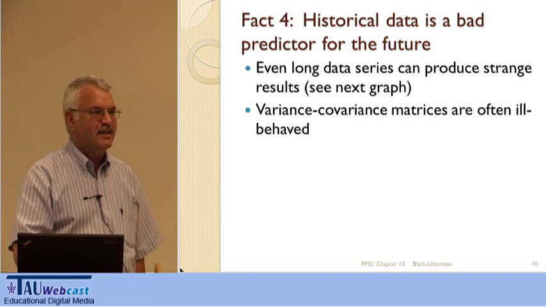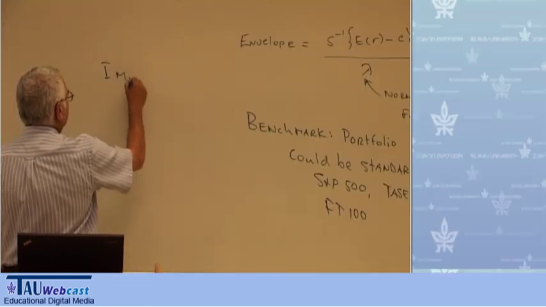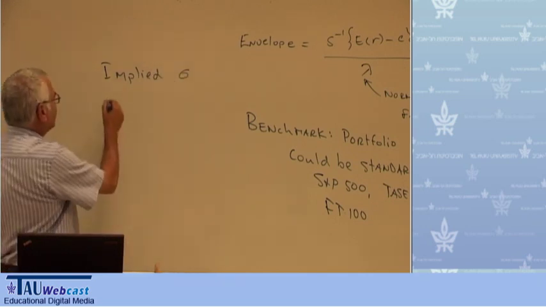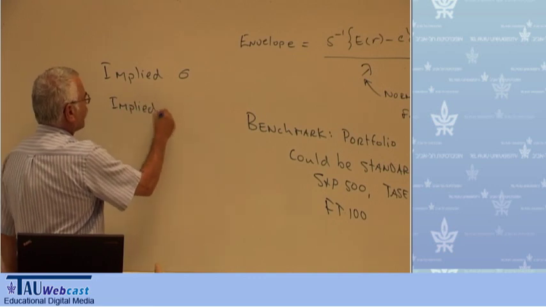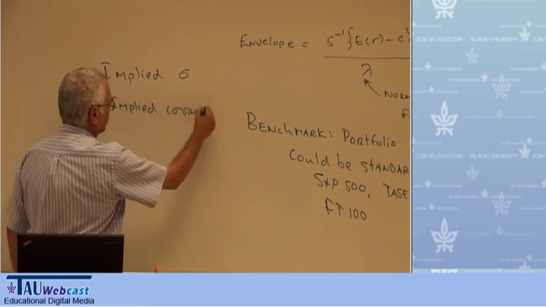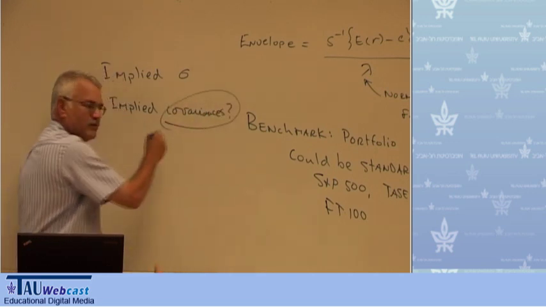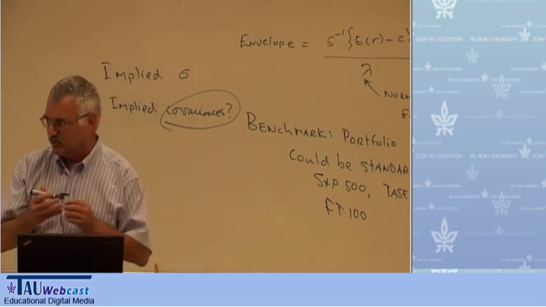The problem is that financial markets have implied standard deviations, but they don't have implied covariances. Okay? You want to write a great doctorate? I've thought about this. I don't have a solution for this.